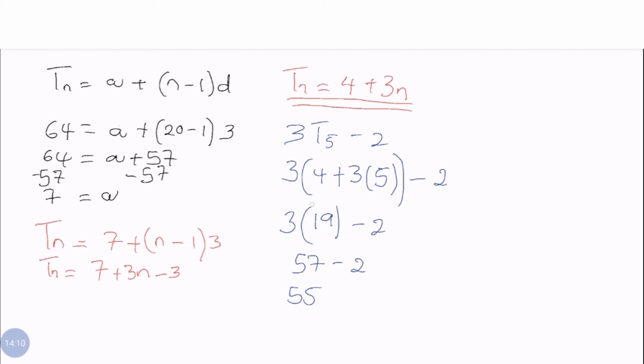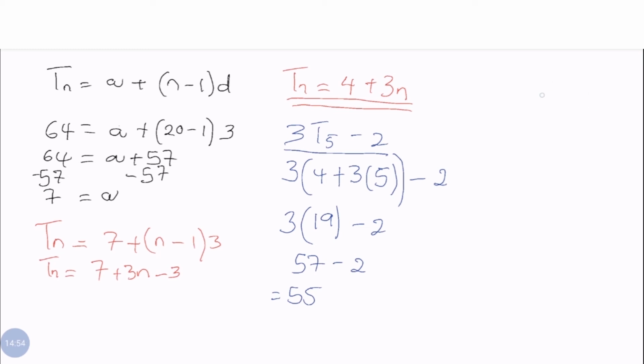But that is not what is asked of us. What we're asked is we have to find which term is equal to this. Then we have to find the term which is equal to 55. Then again we have to use this equation to get which term is equal to 55.